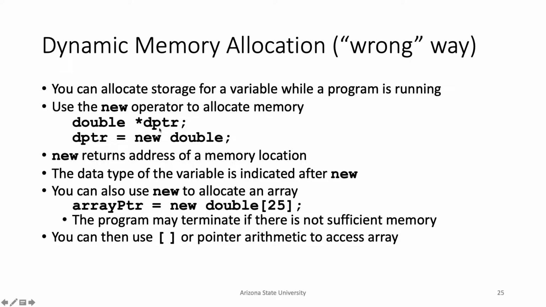But I know you'll be seeing new many times if you keep programming C++, so you will come across this, so you might as well know about it. What this does is it allocates, in this case, a double on the heap, not the stack. And then on the stack, it keeps the pointer to wherever that is in the heap. We can't necessarily guarantee where in memory this is, but it's dynamically allocated.